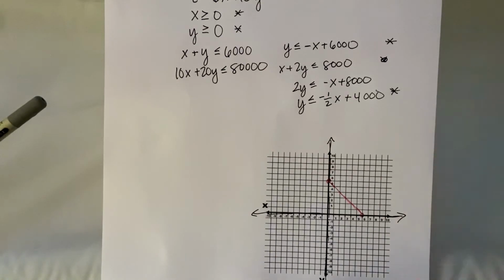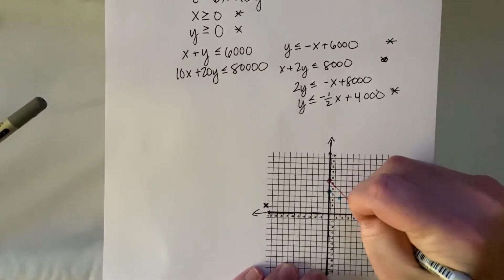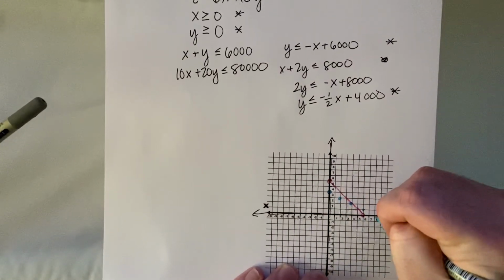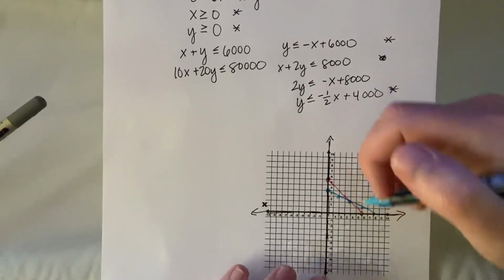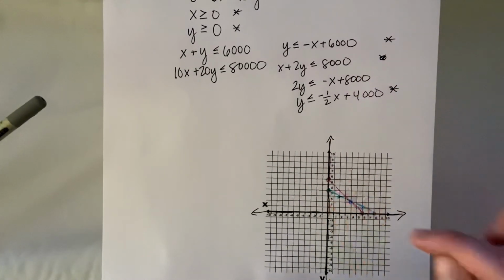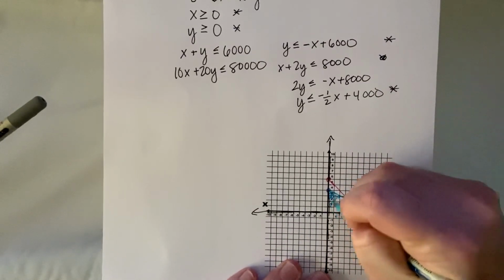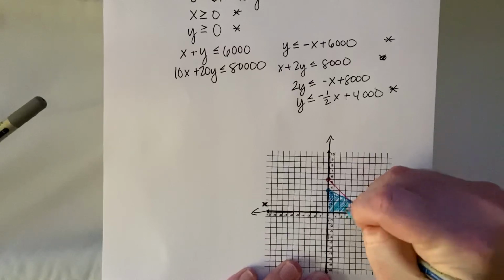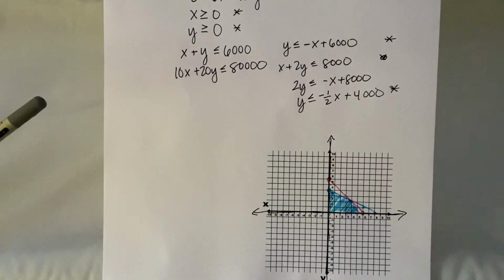Negative 1/2 x plus 4,000. Again, I'm going to start at 4, down 1 over 2, to get this line. So I know I need to be below both of these 2 lines, but in the first quadrant. So that should give me this shape here. And we'll continue this in the next video.